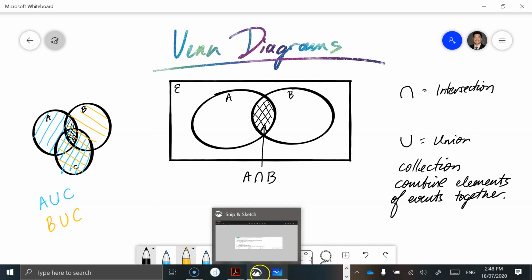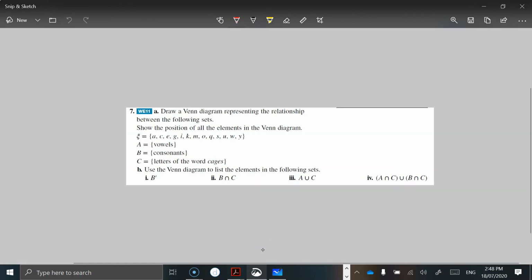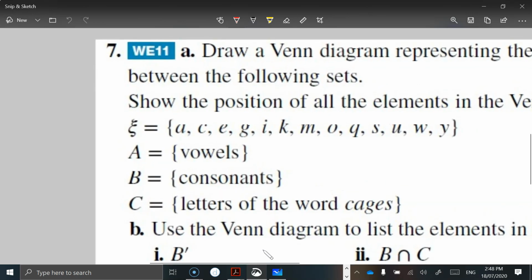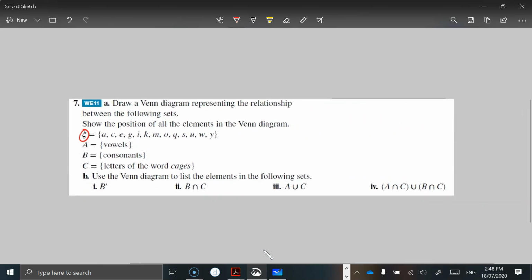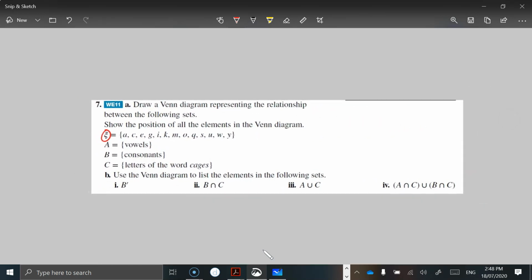Okay, so let's have a look at an example here. I want to draw a Venn diagram representing the relationship between the following sets, and we've got elements, and it's this weird squiggly E, if you can see that little symbol there. For simplistic purposes, you can just put an E like that, which is fine, and it stands for elements.